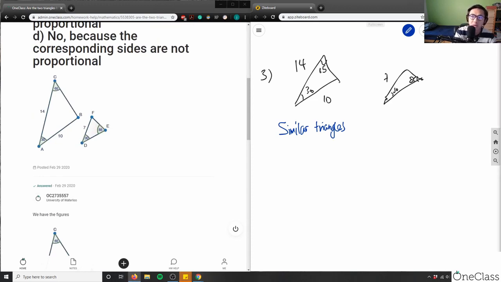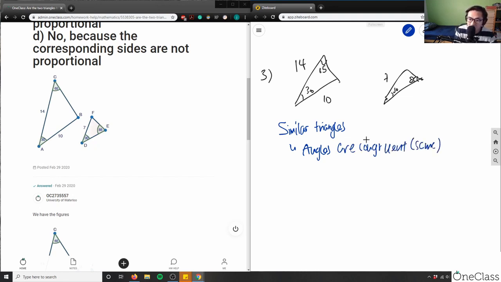So again, what are similar triangles in this case? Think back to the congruence theorem. Think back to congruent sides and similar sides. What is the definition of similar triangles? The angles are congruent, so they have the same angles, but the side lengths are different in that they're proportional, right?